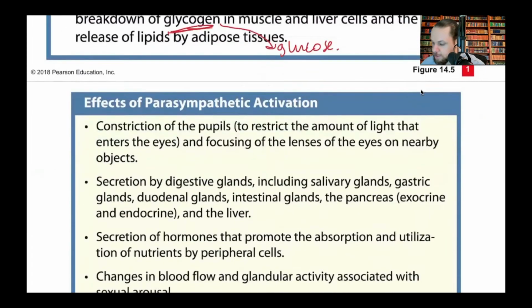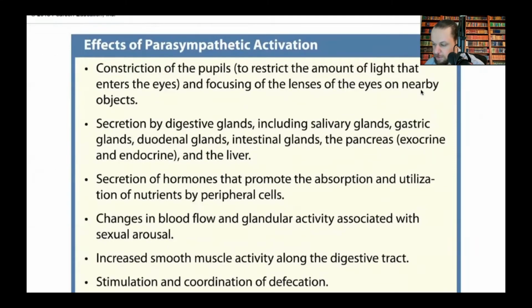If we look at the parasympathetic activation, parasympathetic is the opposite: it's going to be rest and digest. Perhaps you heard this mnemonic, SLUDGEM. So if you have increased parasympathetic activity, you have increased salivation, lacrimation, urination, defecation, gastrointestinal disorders, emesis, and miosis, right?